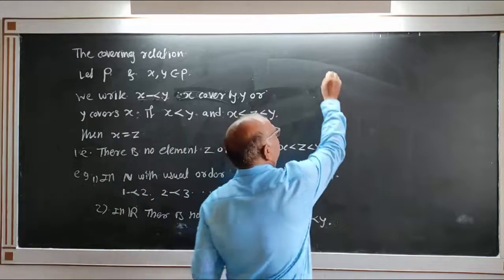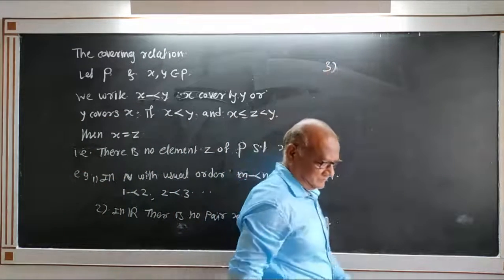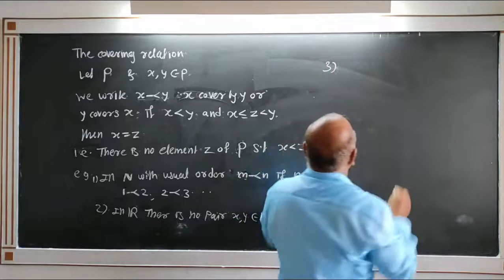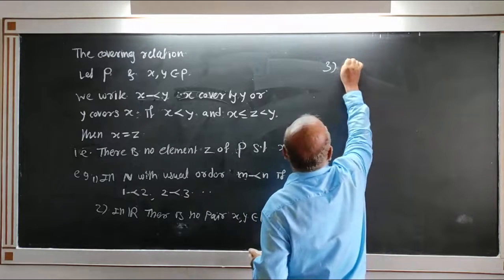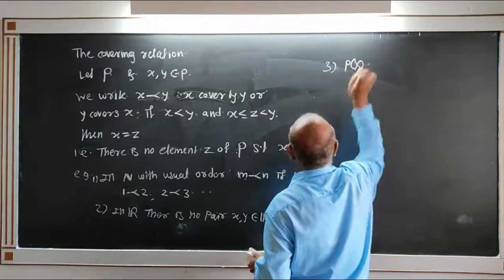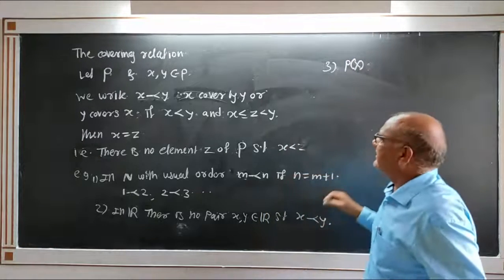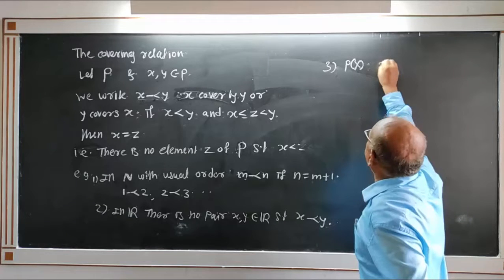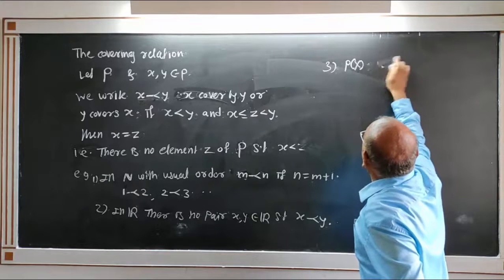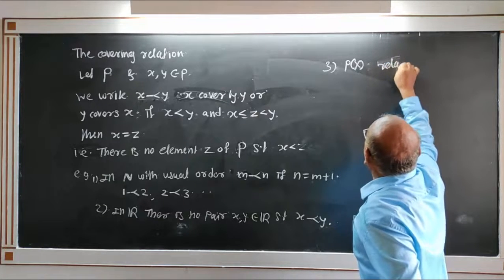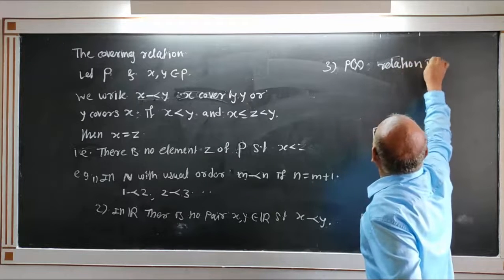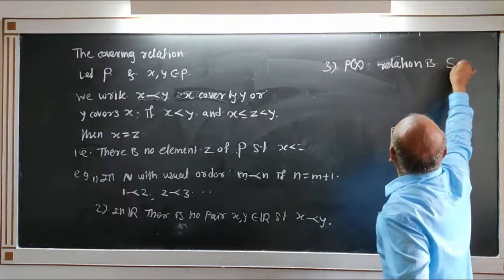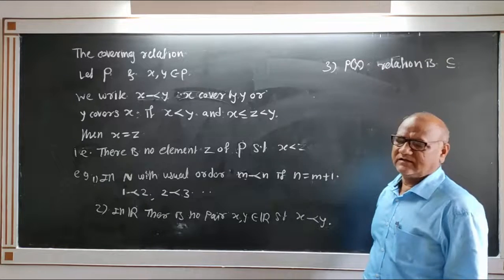Now third, if you take a power set, in the power set the order relation is the subset inclusion relation.